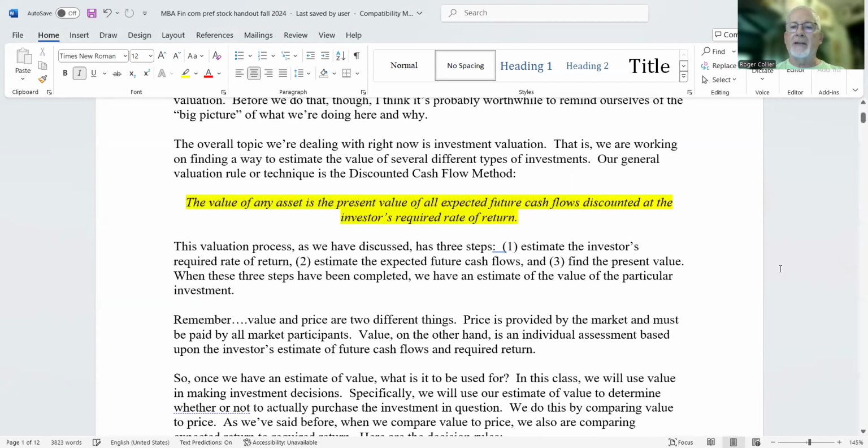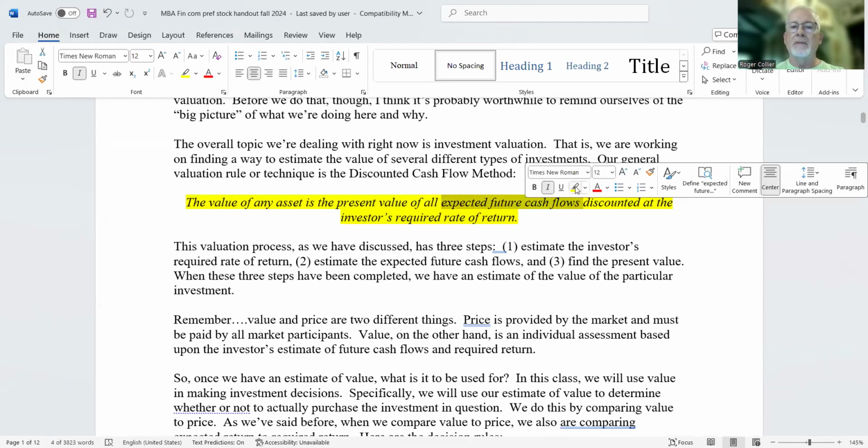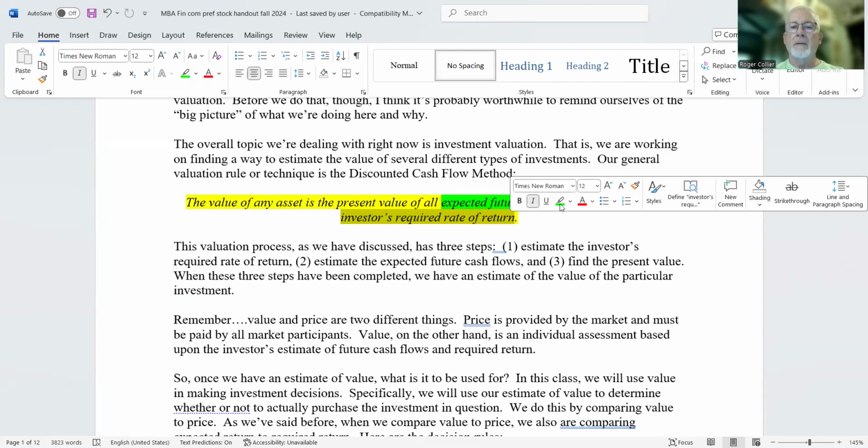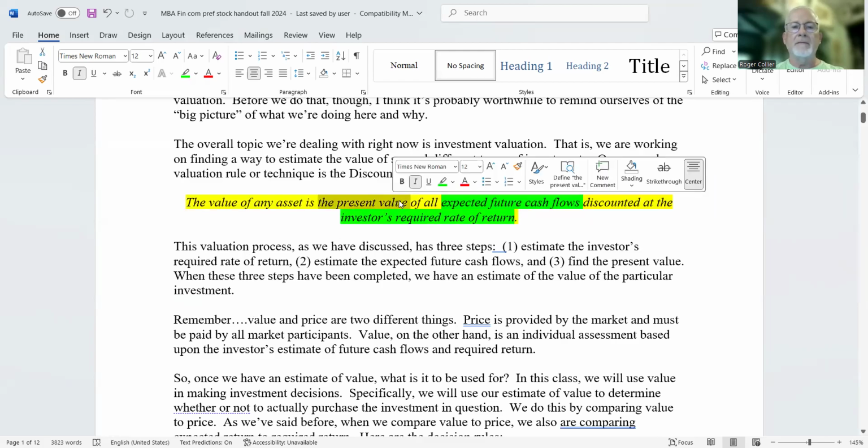Here's the discounted cash flow method. We need to know the expected future cash flows. You need to know the investor's required rate of return. And then we find the present value.